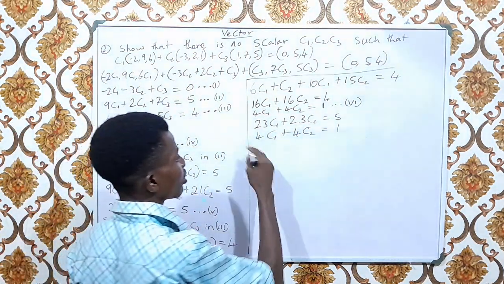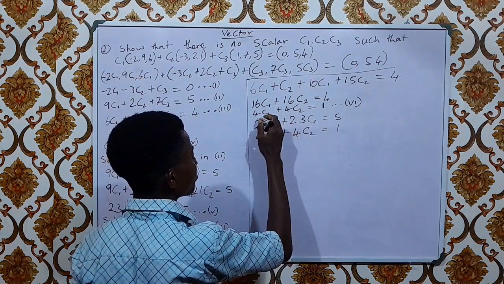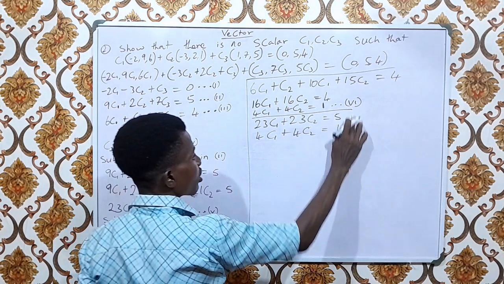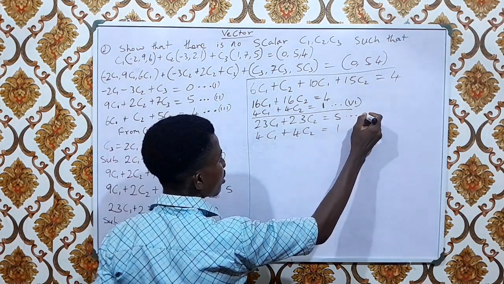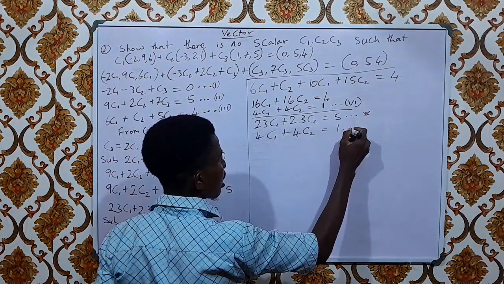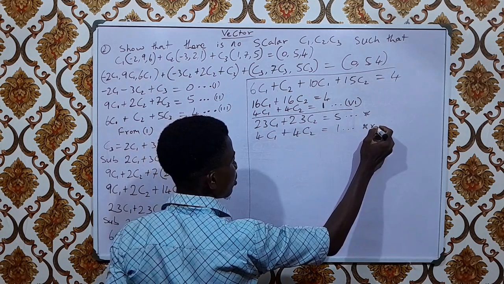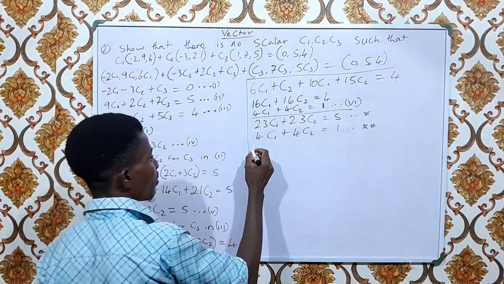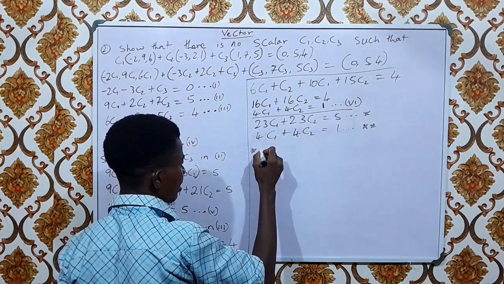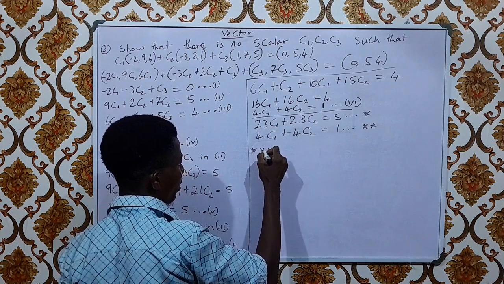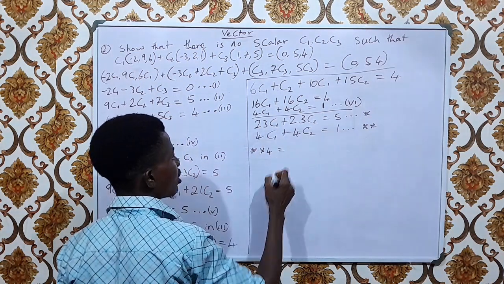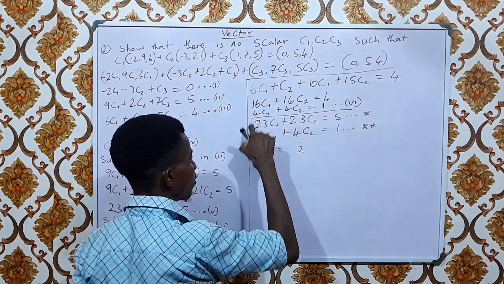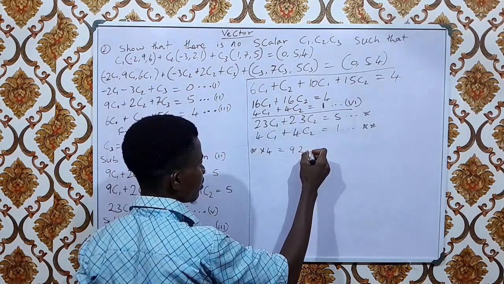Let's use the elimination method so we can finish this part fast. Let me call this equation star and this one star star. Anywhere I mention star, you know what I'm talking about. Now I want to multiply star times 4. That is this times 4. It will give us 12 and 8.